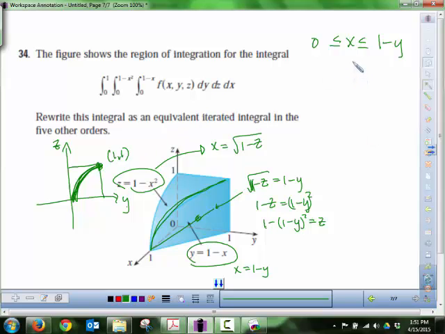And then we'll integrate with respect to, I don't know, z first. So we draw a line parallel to the z. So this piece of plane over here corresponds with this part of the region.